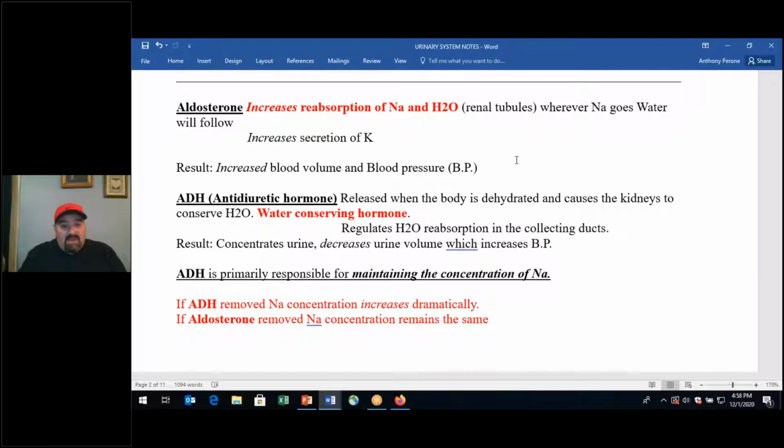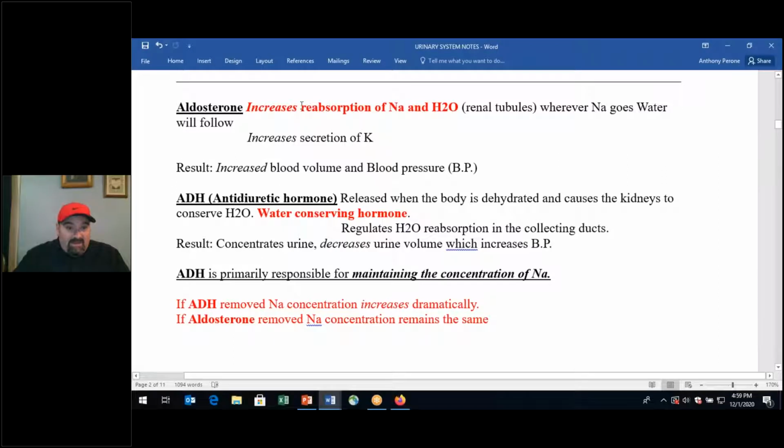And if we increase blood volume, we increase blood pressure. So if blood volume goes up, blood pressure goes up. Blood volume goes down, blood pressure goes down. And hence we give diuretics to patients in addition to their other blood pressure medications in order to increase urine output, to decrease blood volume, to decrease blood pressure, okay?